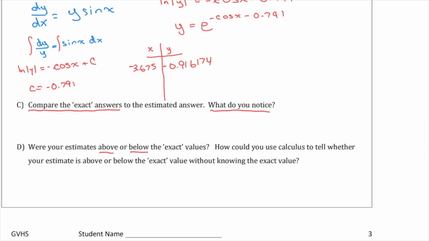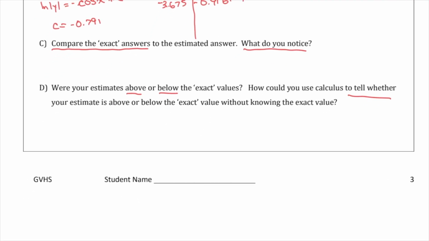Now, we could use calculus to tell whether the estimate's above or below the exact value if we know some information about the second derivative. So if your second derivative is less than 0, that would make your function concave down. And if your function's concave down, you would have drawn tangent lines on top of the graph.